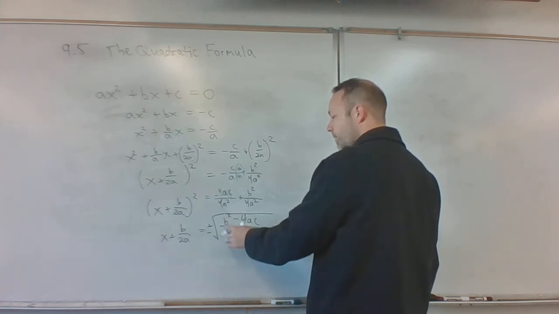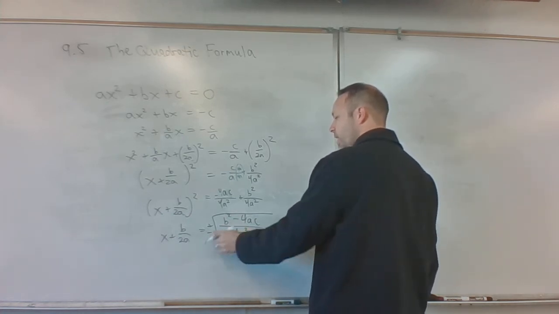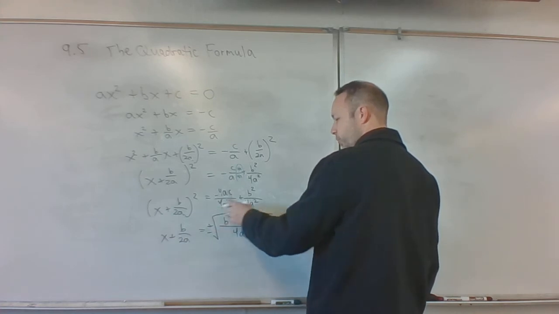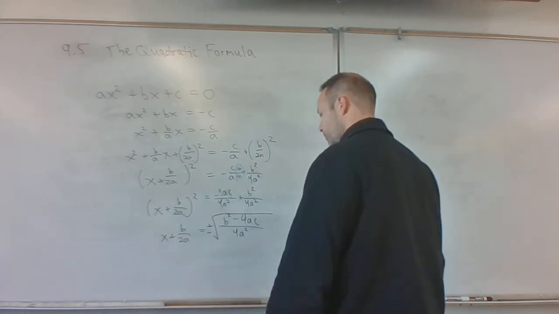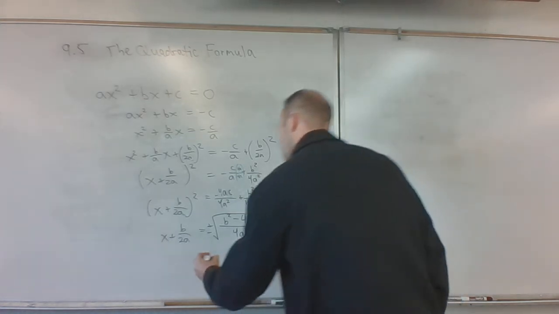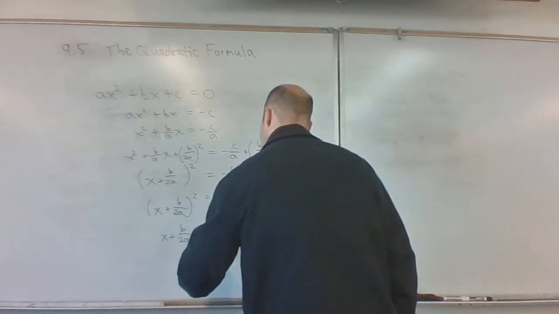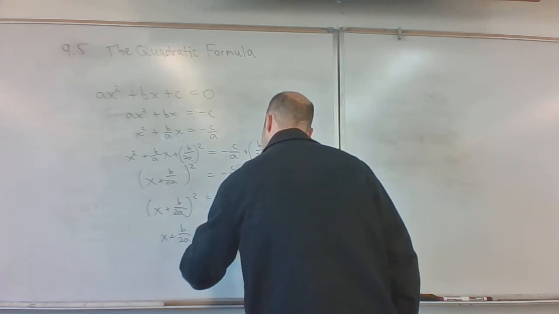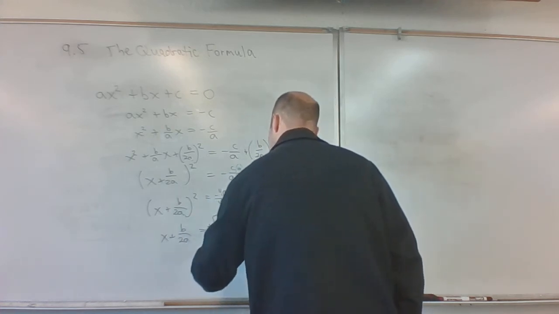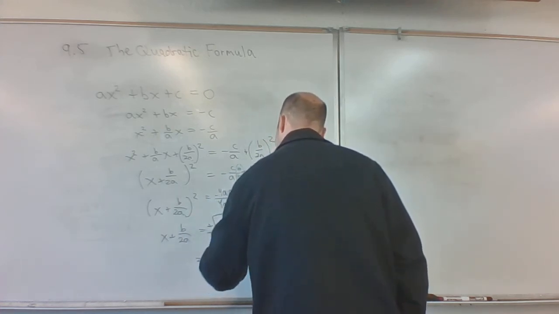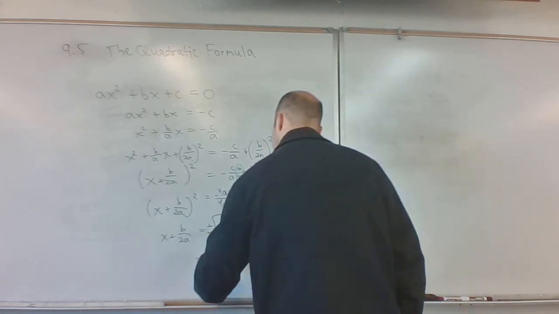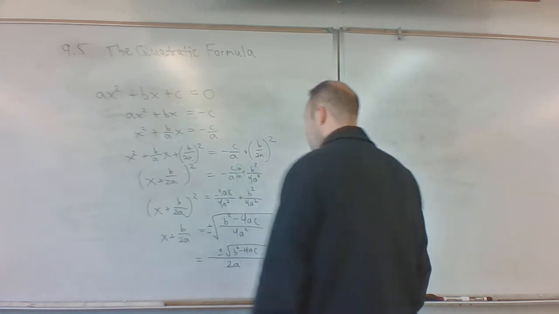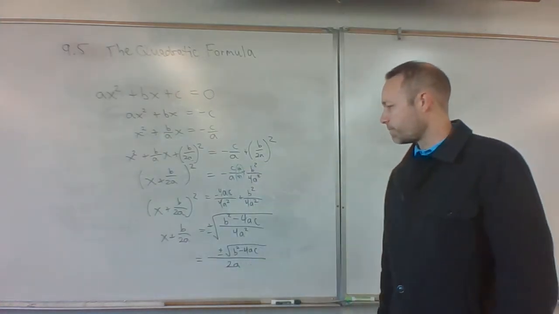So my denominator here, that is 4a squared inside the radical, can become a 2a outside the square root sign. So then what that gives me here is a plus or minus the square root of b squared minus 4ac, and then my denominator is 2a outside the square root.